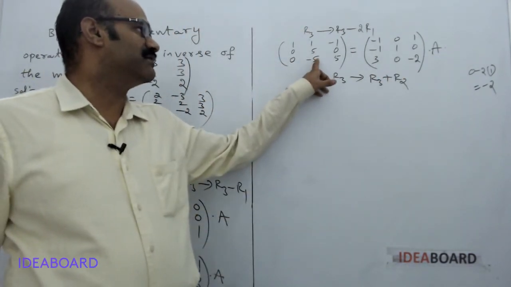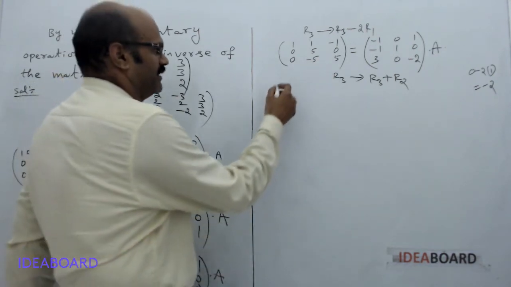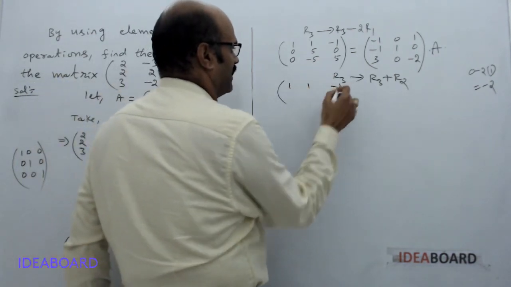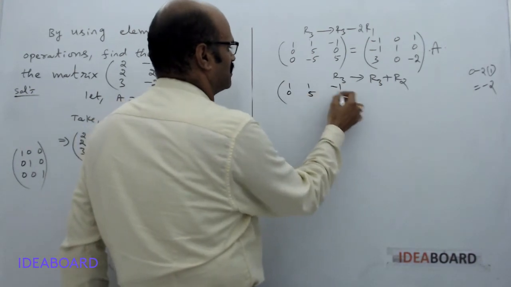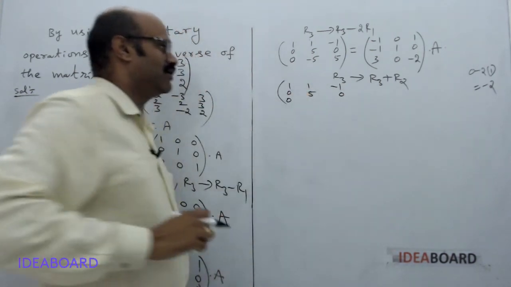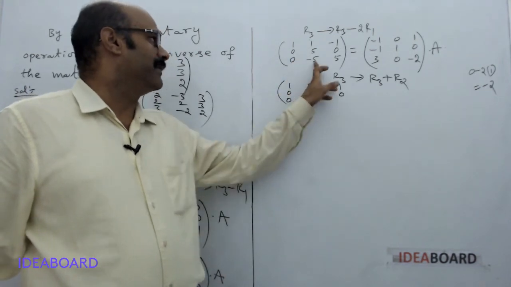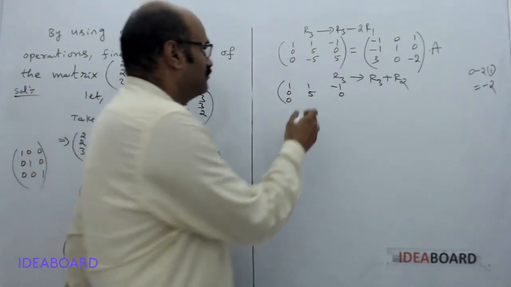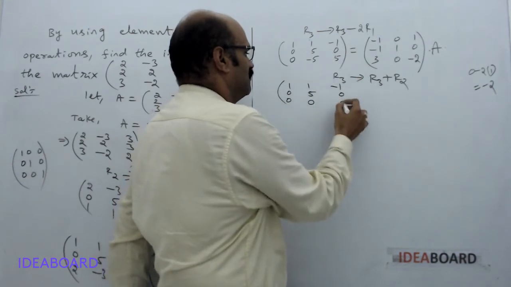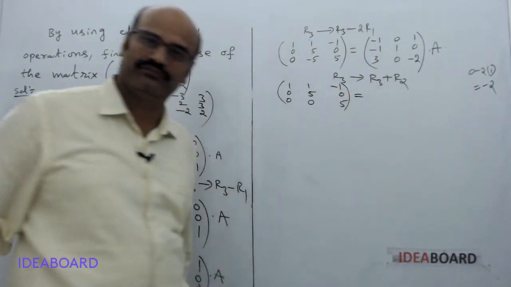Then minus 5 plus 5 becomes 0. So that it becomes 1, 1, minus 1, 0, 5, 0. Now R3 changing. 0 plus 0, 0. Minus 5 plus 5, 0. 5 plus 0, 5.